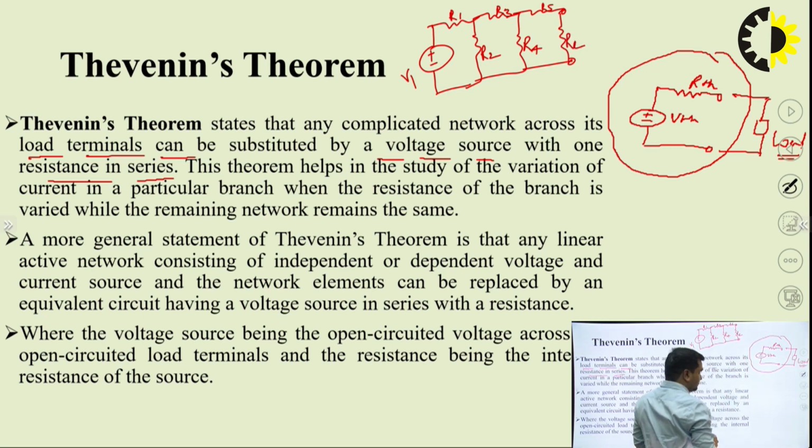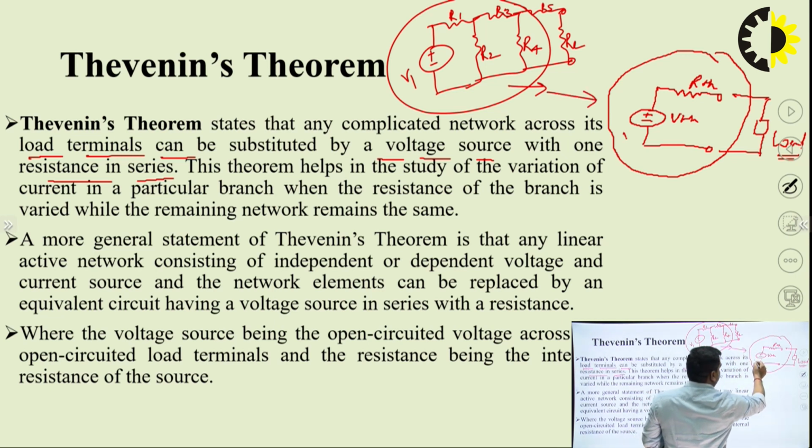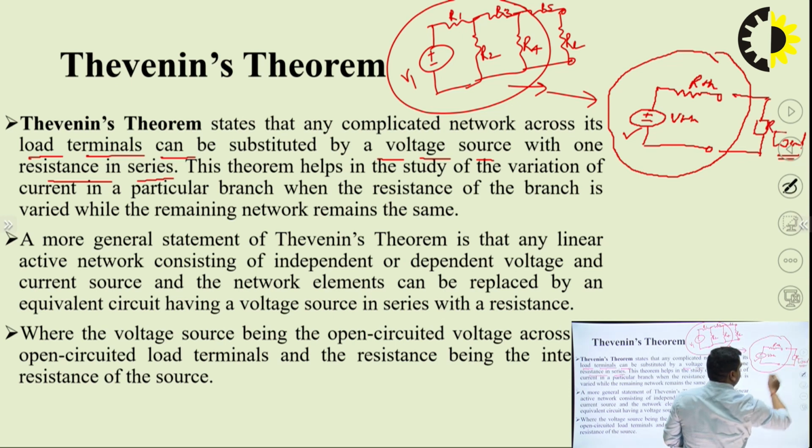So this internal network can be converted like this: an equivalent voltage source in series with the equivalent resistance, and here it is the load resistance RL.